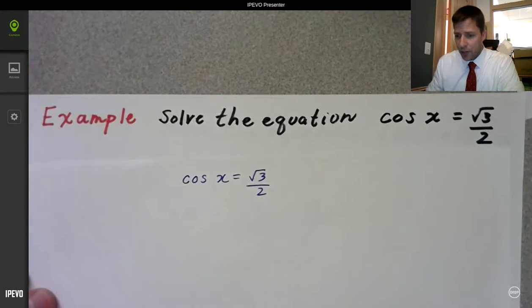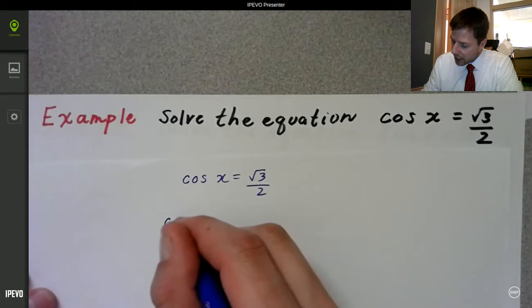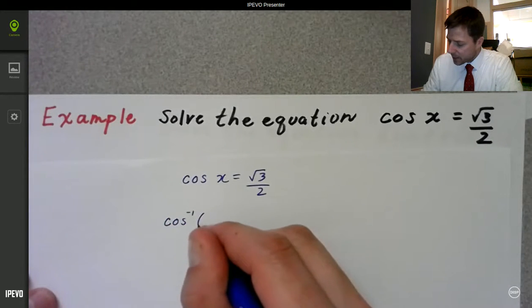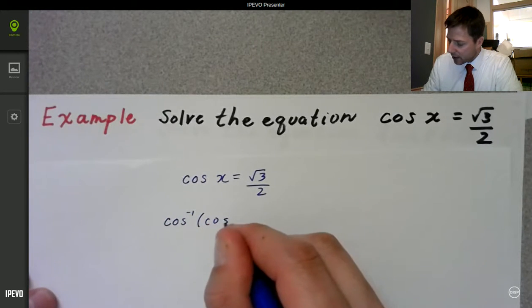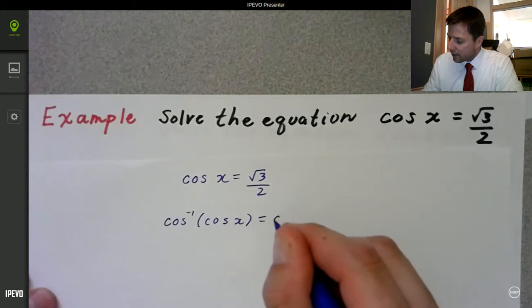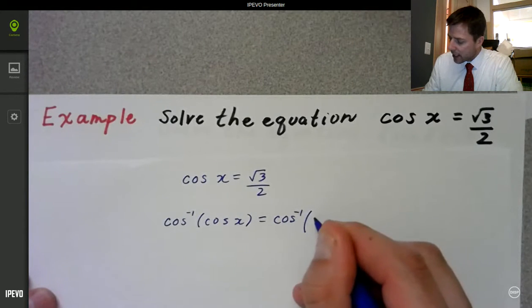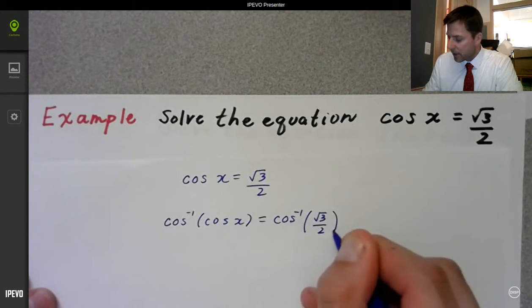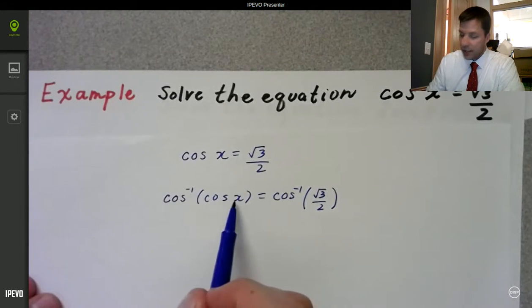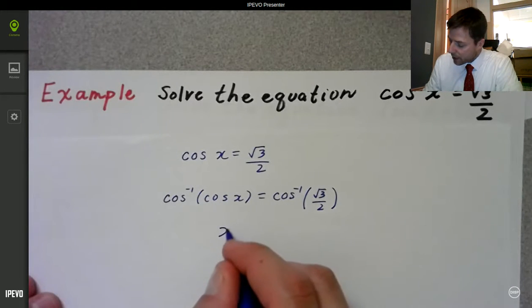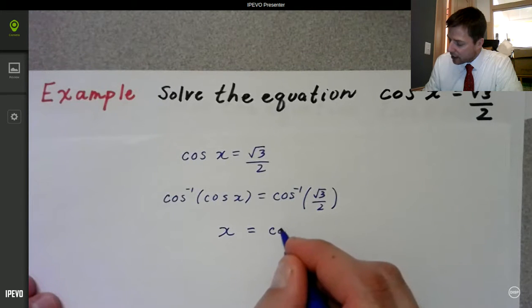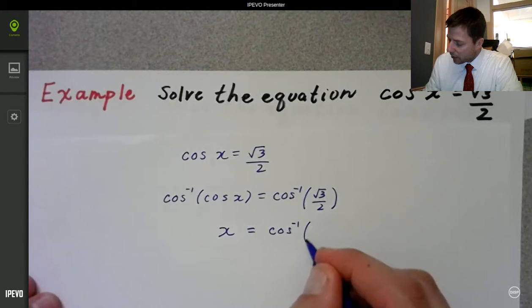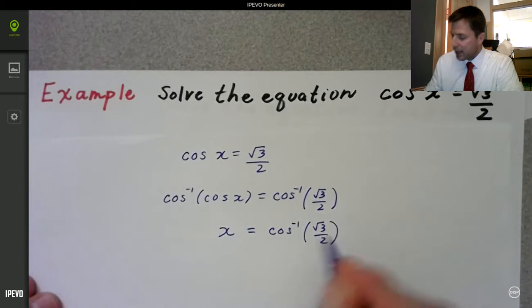Mathematically, I can just take inverse cosine of both sides, because I have to solve for x. Inverse cosine of the right side, root 3 over 2. That frees this up and it just becomes x. That's one of your properties. So I get x equals inverse cosine of root 3 over 2, and I've got x by itself.